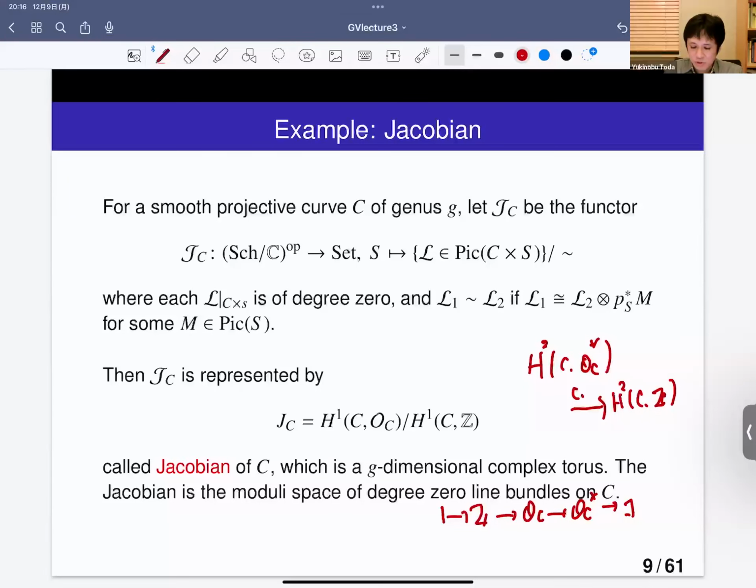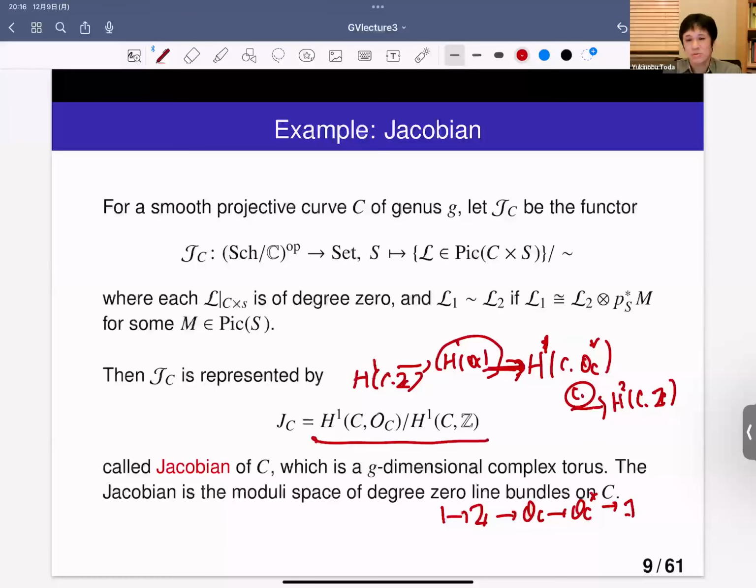The kernel of this one comes from H^1(O_C) and H^1(C, Z). So the set of line bundles of degree 0 is in fact the kernel of c_1. But the kernel of c_1 is, from this exact sequence, given by the cokernel of this map. So the cokernel of this map is nothing but this quotient. So this is in fact a complex torus.